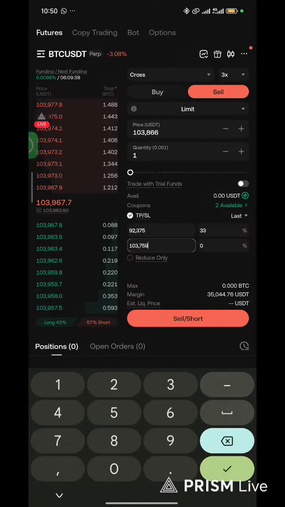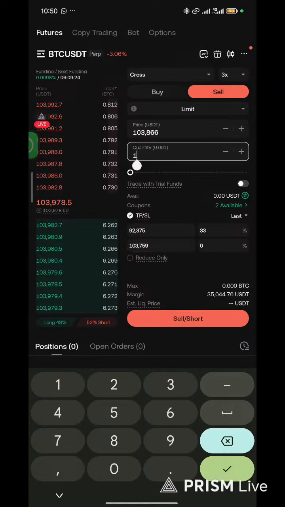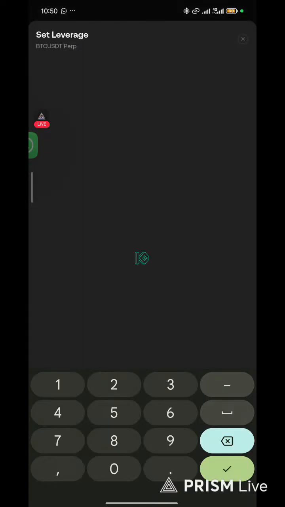It's showing like this because the market is currently trading at 103,000, right? But already you have seen the profit. I would have made 33%, a massive profit entering this trade with 1 BTC, and you could have entered with 12 BTC, in the amount you have, right?